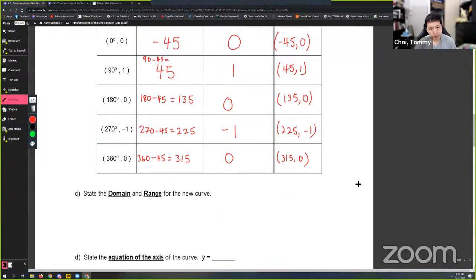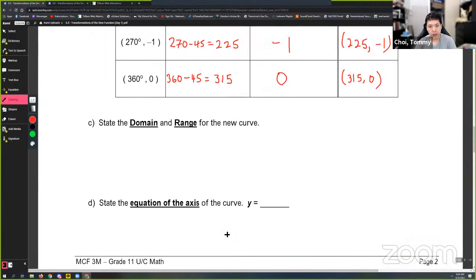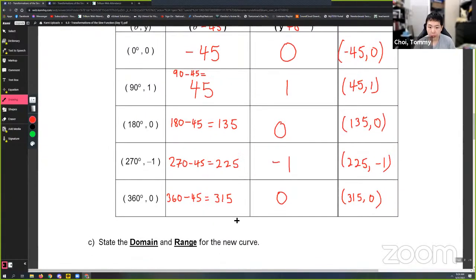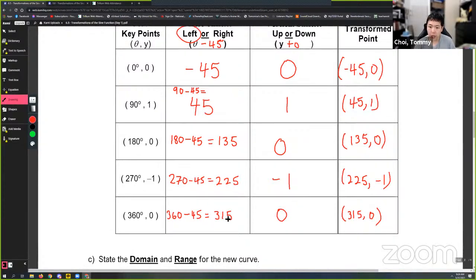Okay. So then it says state the domain and range of the new curve. I think people would like a quick way of identifying domain and range.